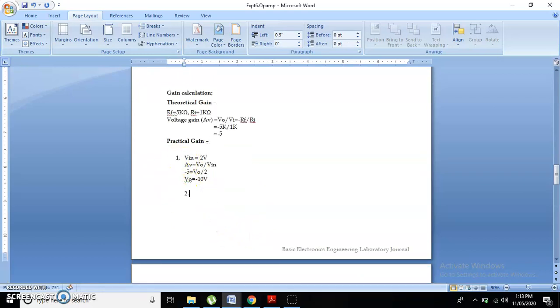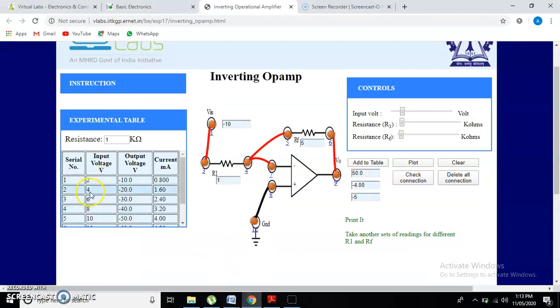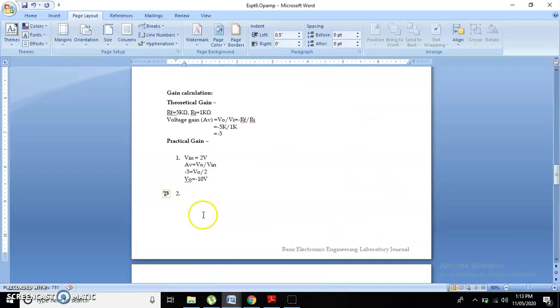Now you will mark number 2 here. What you will do? In the second observation table, second condition, you have set input equal to 4. So you will click here. Say V in is equal to 4 volt. But AV is equal to VO divided by V in.